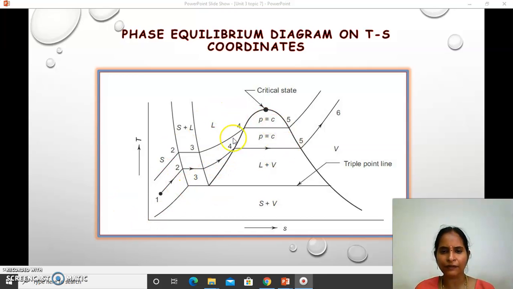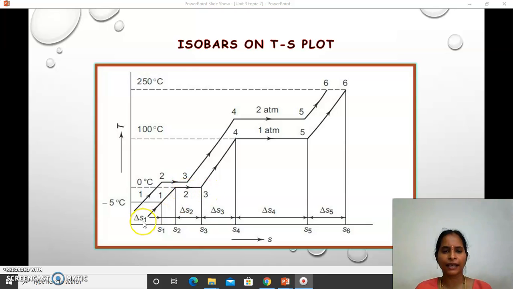Before getting the vapor dome, join the same state points here: 1 to 2, 2 to 3, 3 to 4, 4 to 5, and 5 to 6. At various atmospheres, isobars have been drawn here, and the changes in entropy have also been shown from minus 5 degrees Celsius to 0 degrees Celsius.